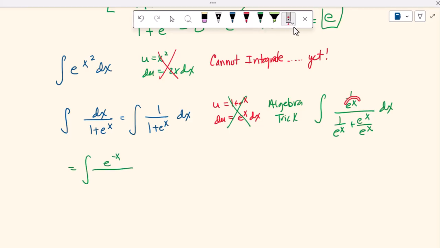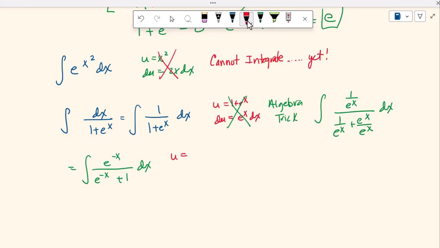That just means to take this and flip it up top. And then e to the x over e to the x is 1. Now you might say, well, what good did that do? Well, what it did is it created a dx for me. So I didn't change the value of the expression at all.